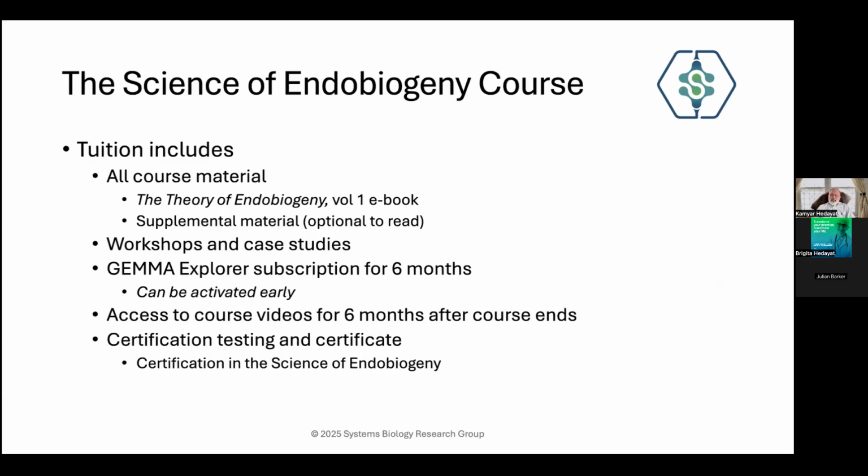You also get a 6-month subscription to the GEMMA system at the level called Explorer. And if you sign up early, you can activate this early. You'll also have access to the course videos for 6 months after the course is ended, and you have the certification and the opportunity to have a diploma.